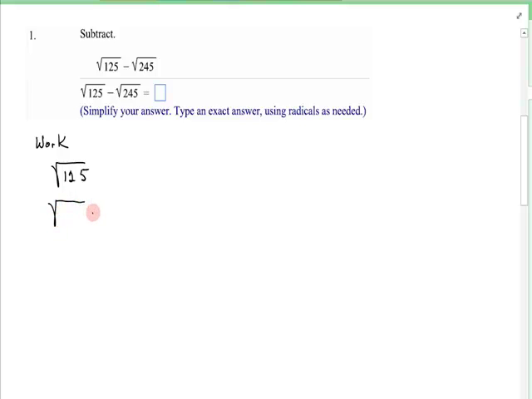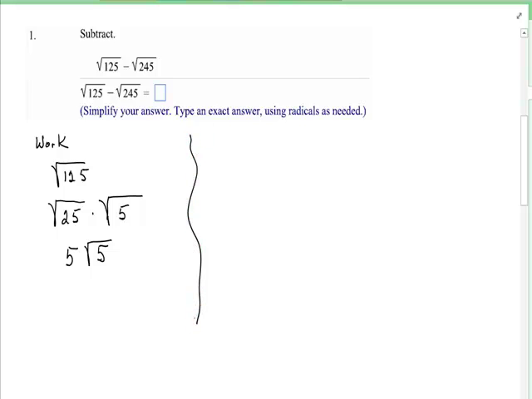Well, because it ends in a 5, I recommend you see if 25 will go into it. And it does. 25 goes in there 5 times. So I can factor that as the square root of 25 times the square root of 5. What is the square root of 25? It is rational, 5, and then I leave that one under the radical.